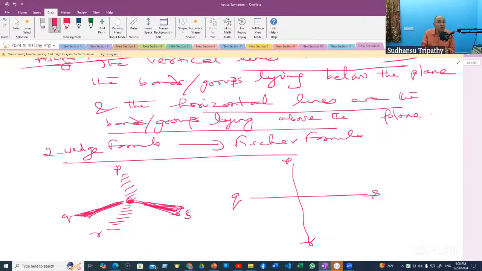So if at least two identical groups are there, two hydrogen atoms, two chlorine atoms, two methyl groups attached to a carbon, then such a molecule cannot be chiral. It is symmetrical because there is a plane of symmetry. But if all four groups are different, I showed you yesterday and now I'm showing you four different groups. This is chiral because it doesn't have any sigma, doesn't have any i.